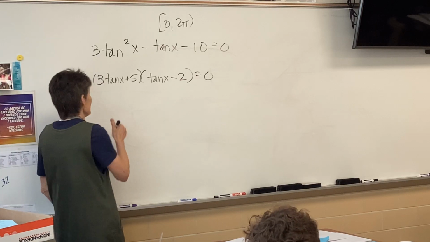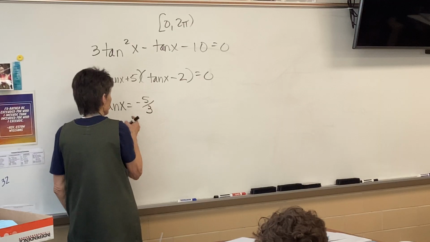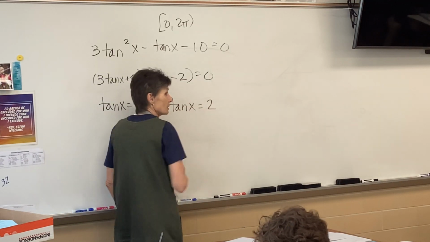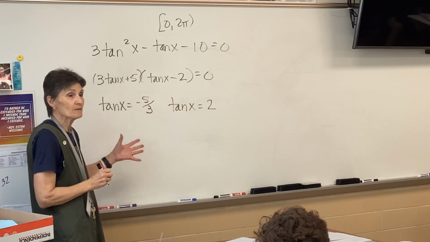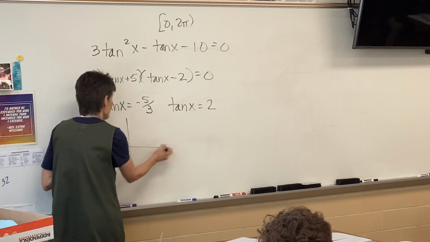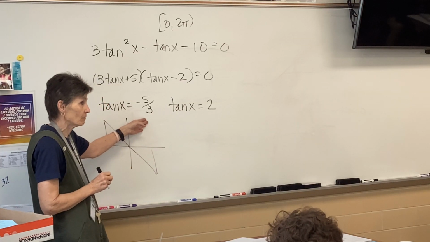All right, now what does that mean? That means the tangent is -5/3, or the tangent is 2. Each of these is going to have 2 answers, because there are 2 quadrants in which the tangent is negative.